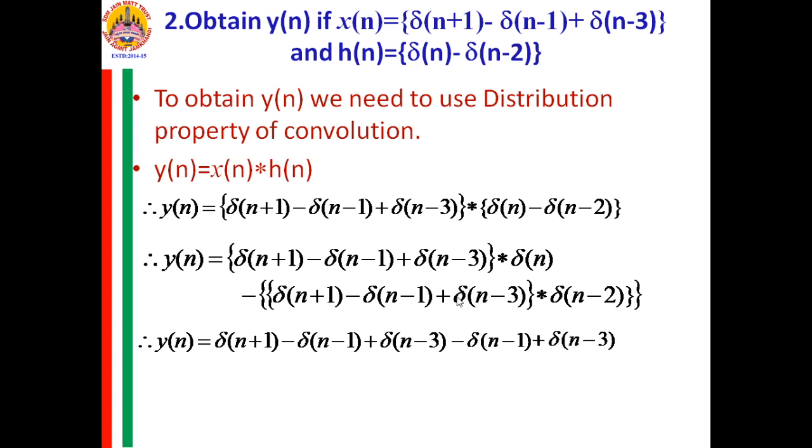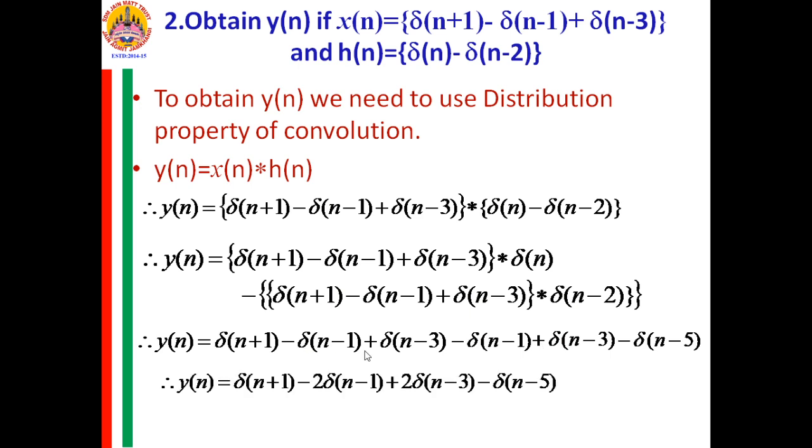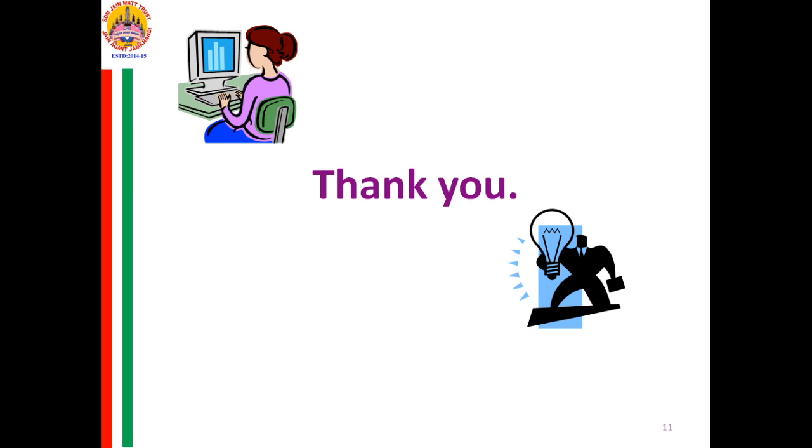And then minus and plus gives minus delta of n minus 3, and n replaced by n minus 2, minus 2 and minus 3 is minus 5, so minus delta of n minus 5. Combining all the terms together, you will get yn equal to delta of n plus 1 minus 2 delta of n minus 1 plus 2 delta of n minus 3 minus delta of n minus 5.